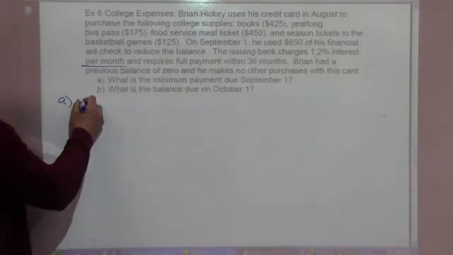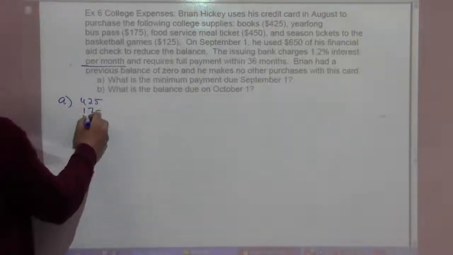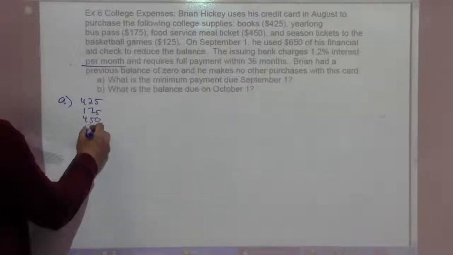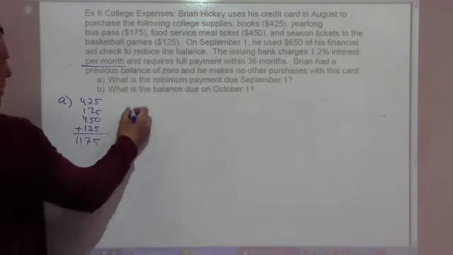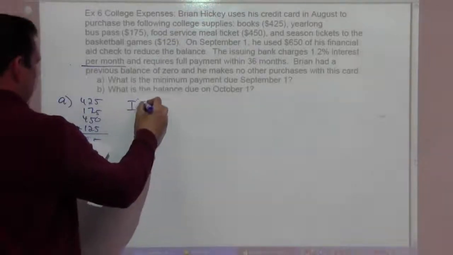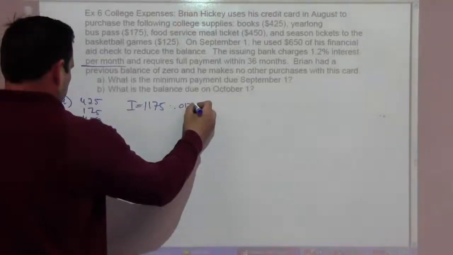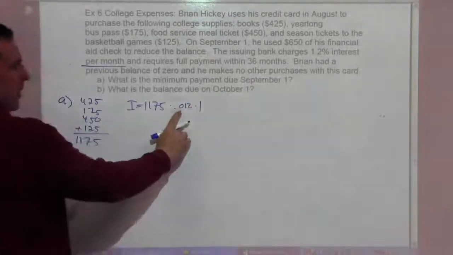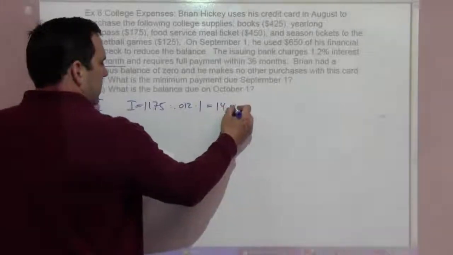So for A, we have $425, $175, $450, $125. Adding this up, we get $1175. So the interest is going to be $1175 times 0.012 times 1 month. That rate per month times 1 month is $14.10.